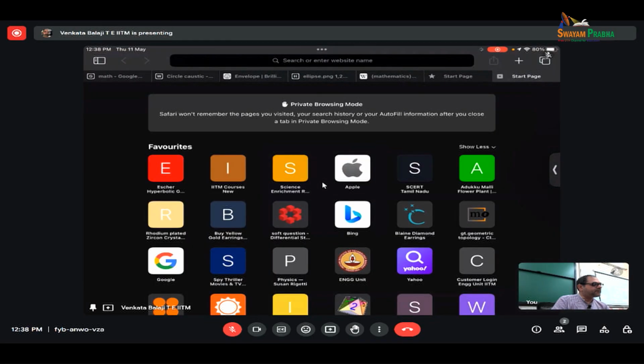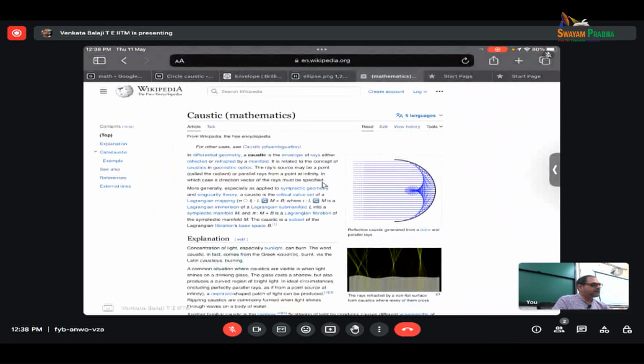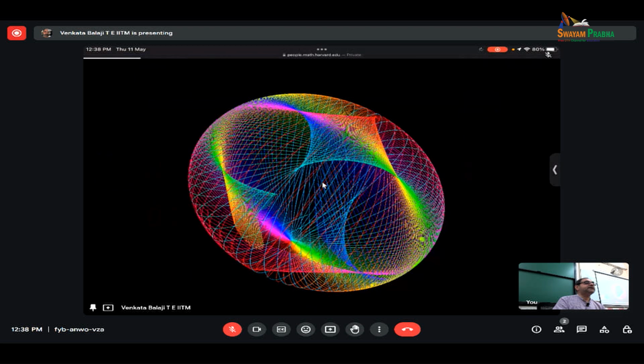So you can see, I think if you go down, I can show you. There are many things I wanted to show you. These are the caustics you get on an ellipsoid.